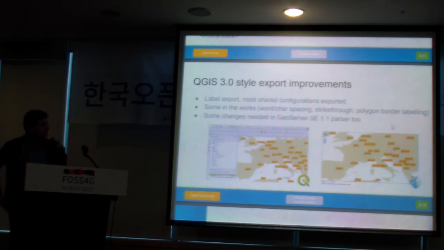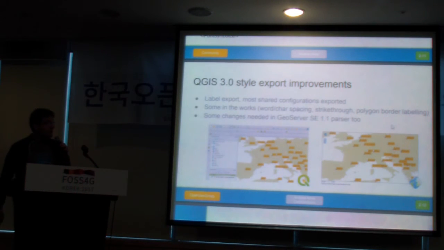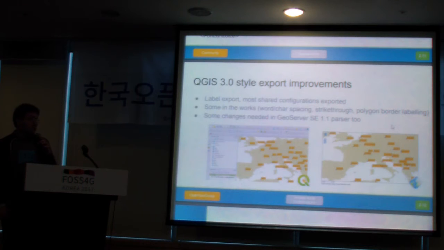In particular, for example, in QGIS 3 you will be able to finally export labeling from QGIS to GeoServer. It used to be completely missing. When you were exporting an SLD style from QGIS, the labels were not there. In QGIS 3, they will be exported, and GeoServer will represent them in a similar fashion. Labeling engine is a complex beast. You cannot pretend to get the exact same label positions, but it's going to be close enough.